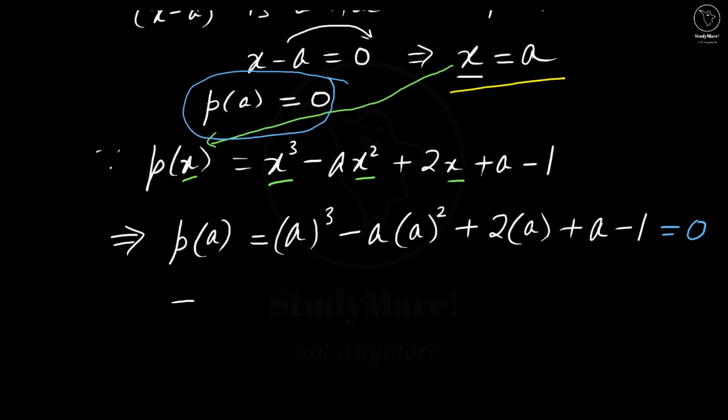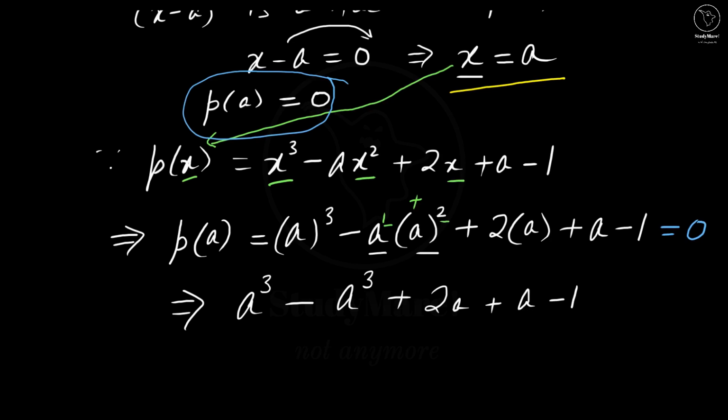That means we can simply write a to the power 3 minus, here we have a into a squared. Using the rules of exponents, this is 1, this is 2, these both will add up and we will get a to the power 3 over here, plus 2a plus a minus 1 is equal to 0.